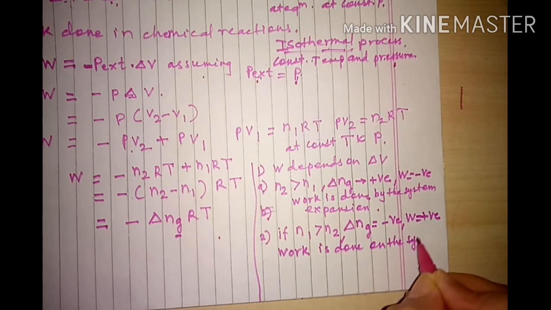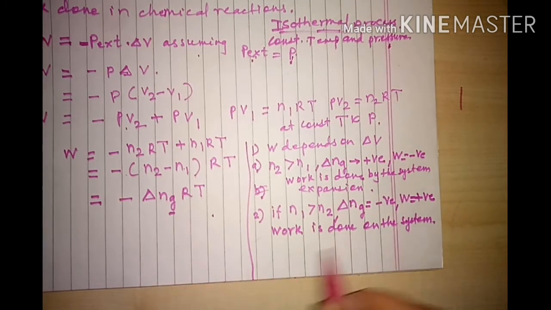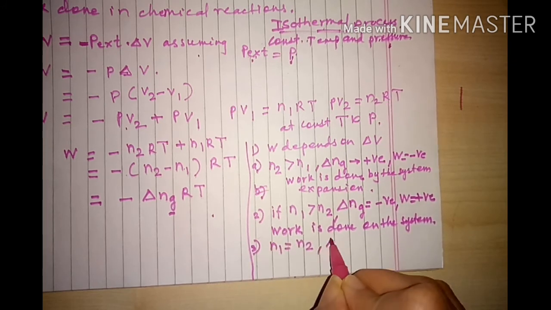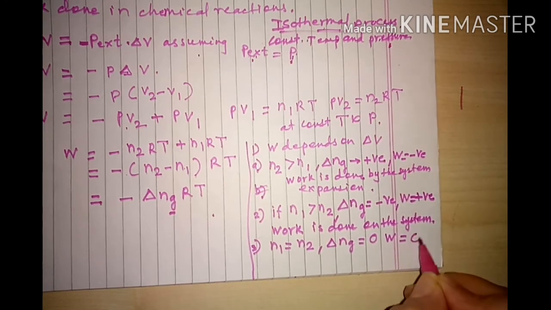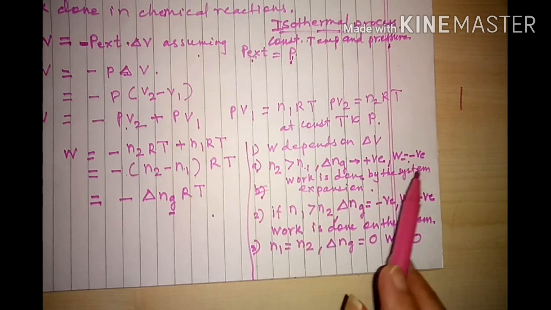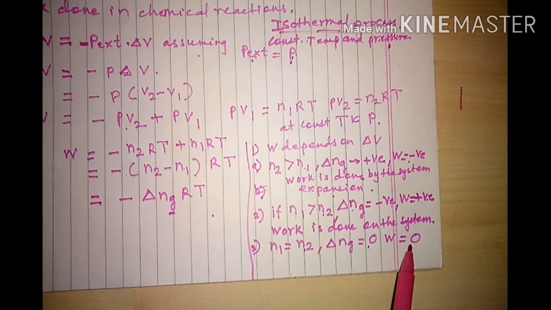The third case: if N1 equals N2, then delta Ng would be 0 and W will also be equal to 0. So these are the three cases. When N2 is greater than N1, W is negative, the work of expansion. If N1 is greater than N2, delta Ng is negative and W is positive. And if N1 equals N2, delta Ng is 0 and work done is also 0.